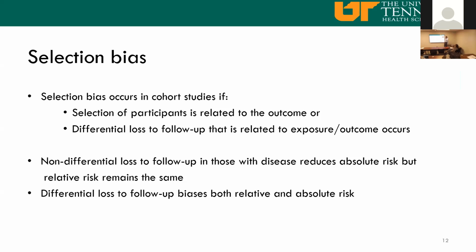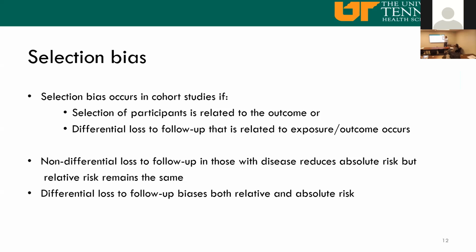So non-differential loss to follow-up means there is a relatively equal number of people from those exposed and non-exposed whom we have lost contact with, or those with a disease, like those with the outcome.